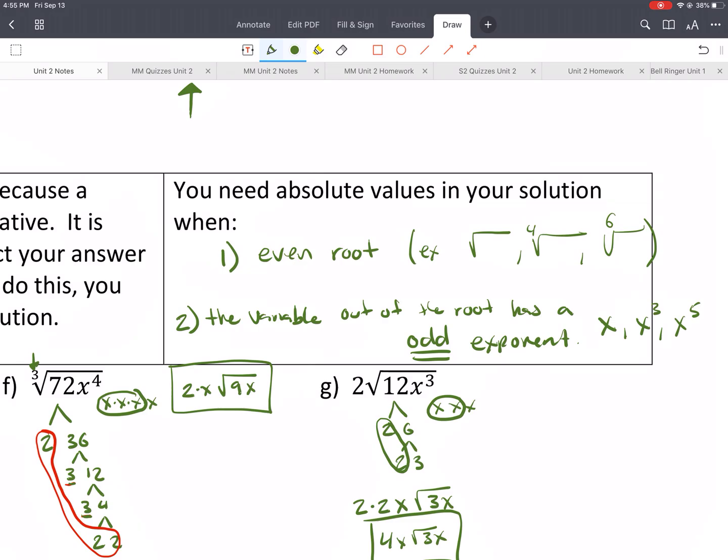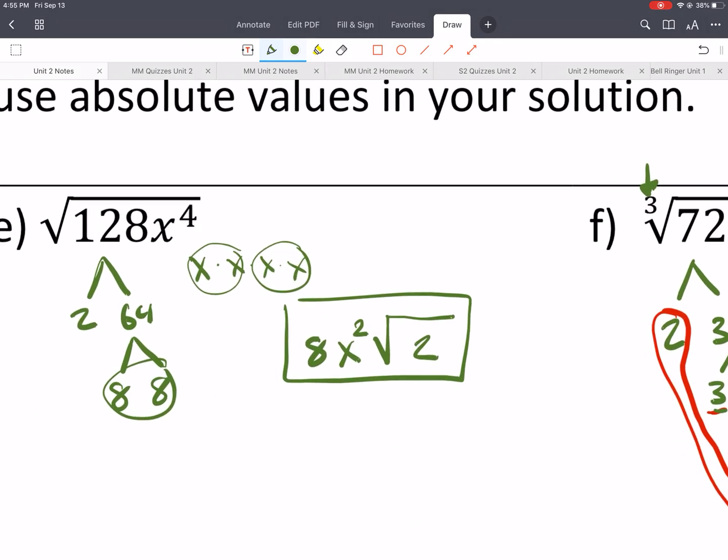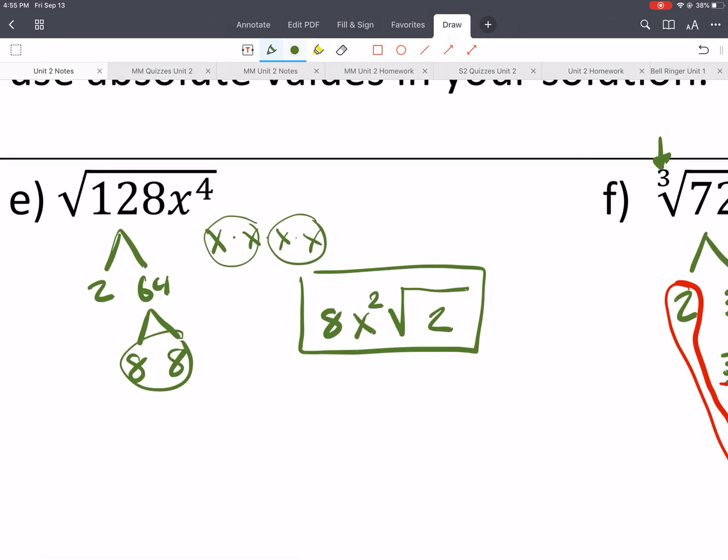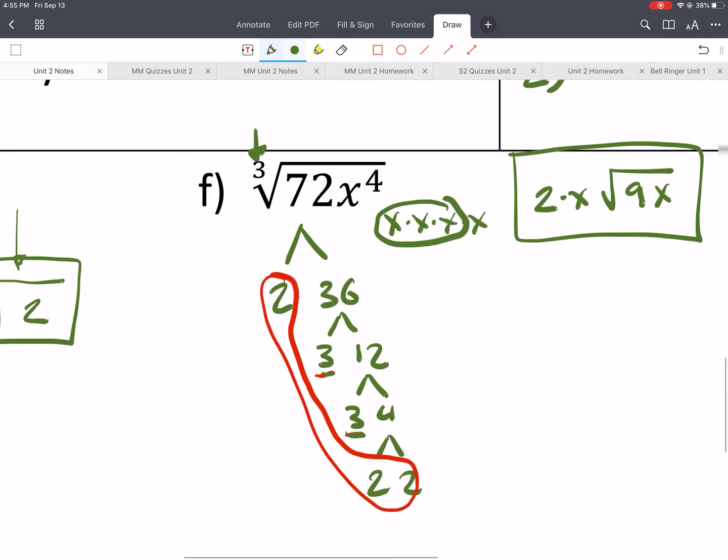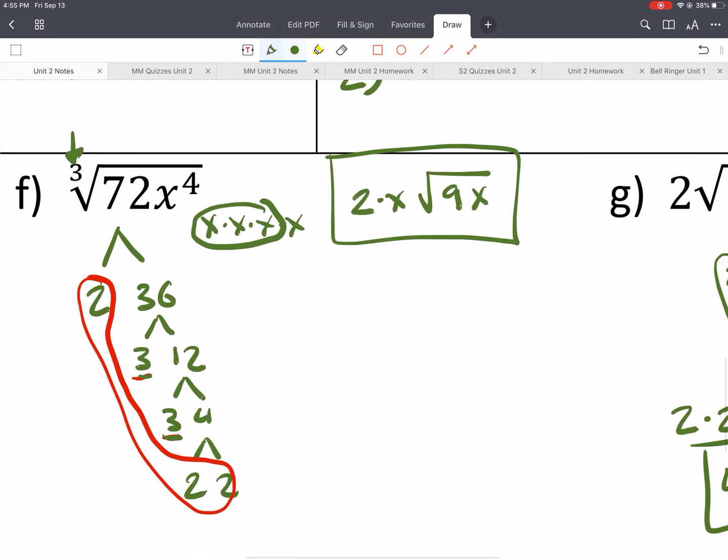All right, so looking at that, let's look at some of the problems we've done. See if we need to have absolute values. Okay, so for e, since the exponent is even here, and the root is also even, we won't need it. Our next answer here, it is odd.